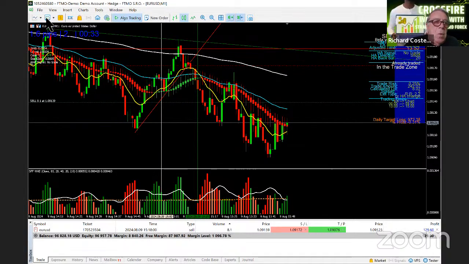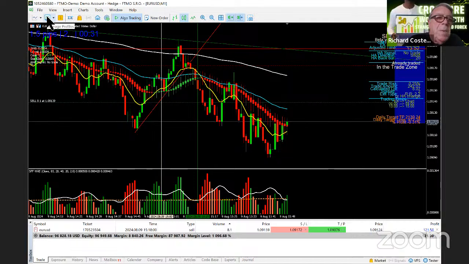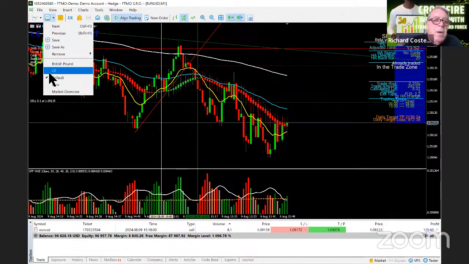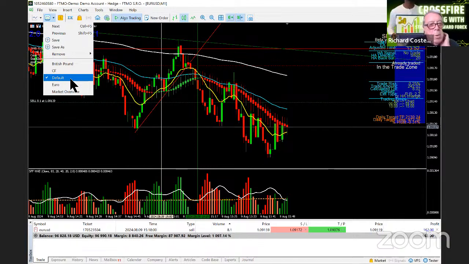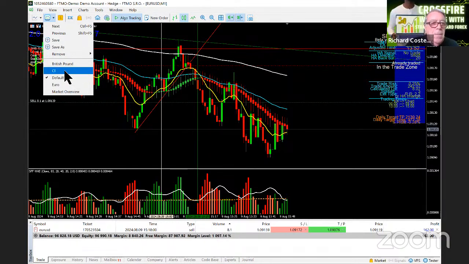If you've got this where it says manage profiles, you can use that there and manage your profiles. The 4 pairs that I'm looking at the moment are on a profile called default. If I switch to CF, it will give me the morning pairs.